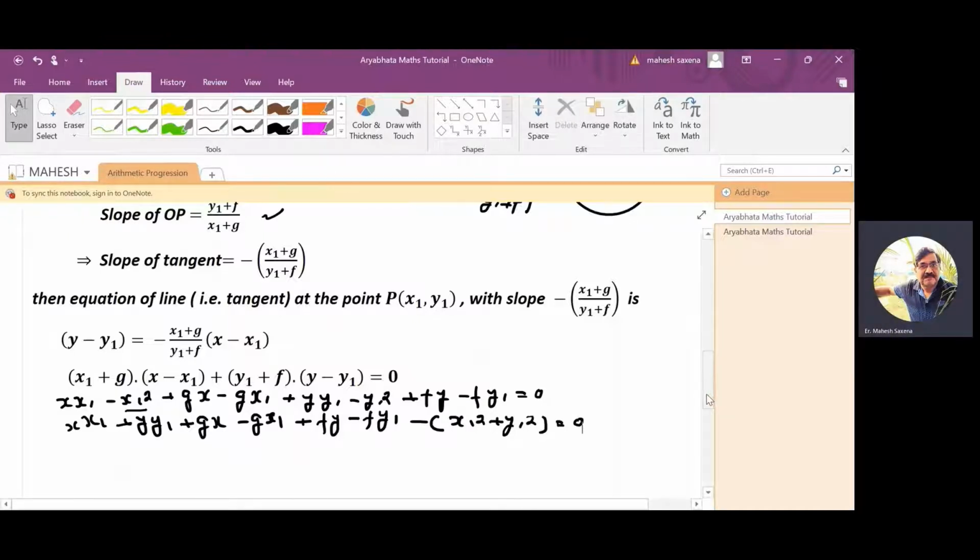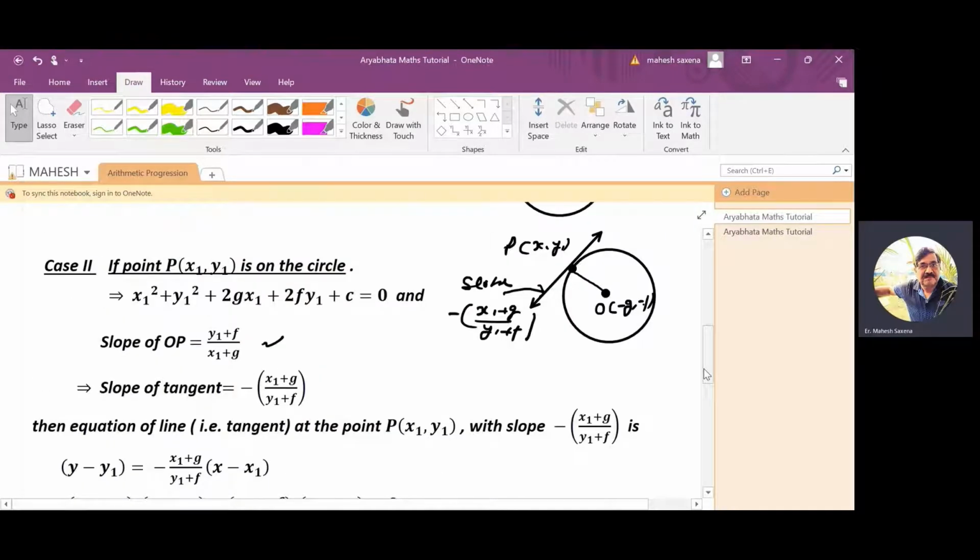But if we see the equation x1 square plus y1 square plus 2gx1 plus 2fy1 plus c is equal to 0, we will get that minus (x1 square plus y1 square) is equal to 2gx1 plus 2fy1 plus c.